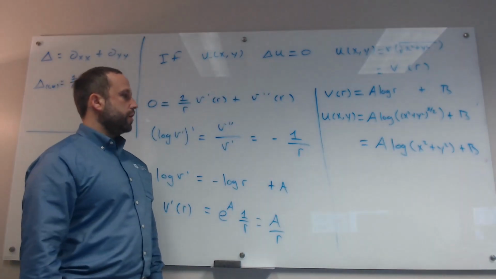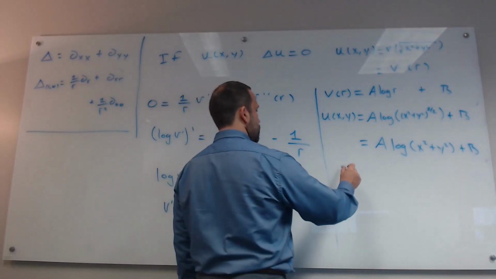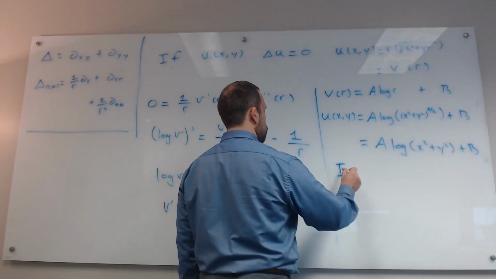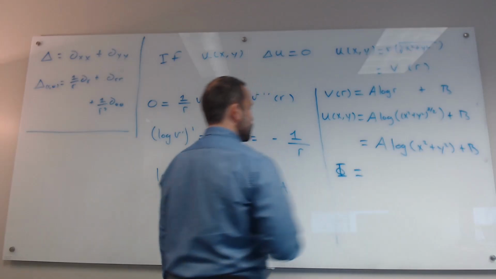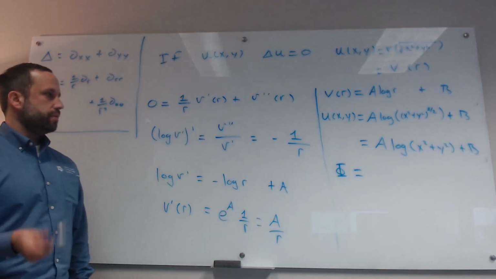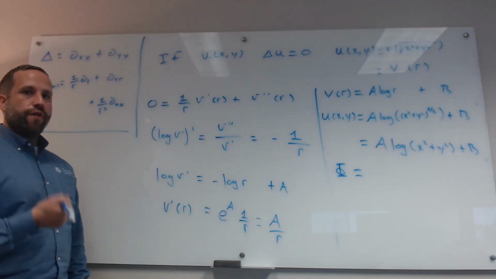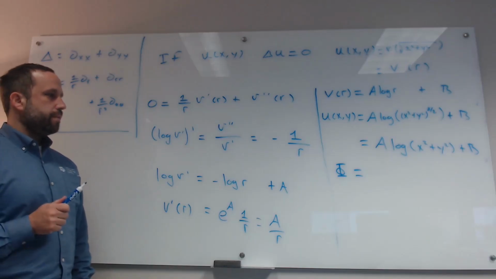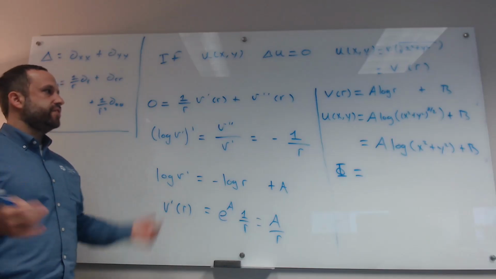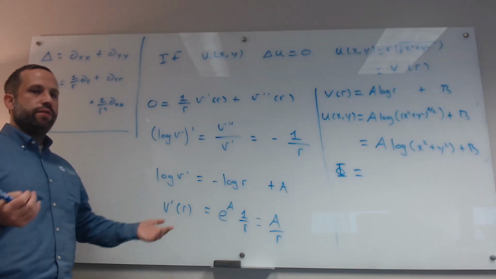Now we're going to make a new function called capital phi. This is going to be very important. It's called the fundamental solution to Laplace's equation. We're going to pick a particular value of a and a particular value of b. The value of b that we're going to pick is 0. That seems like just something that would be nice.